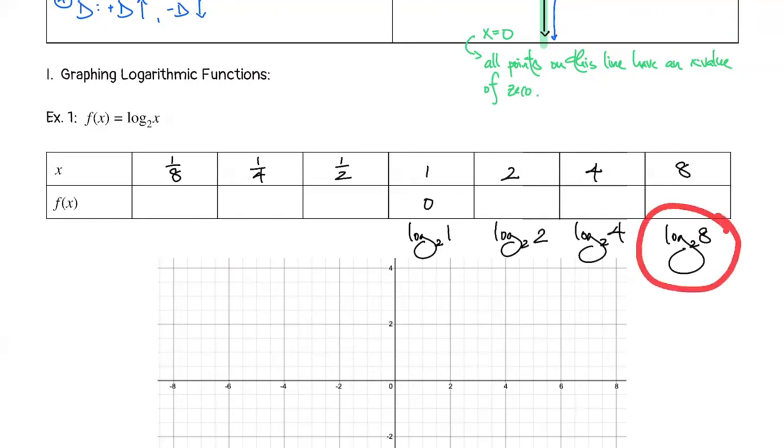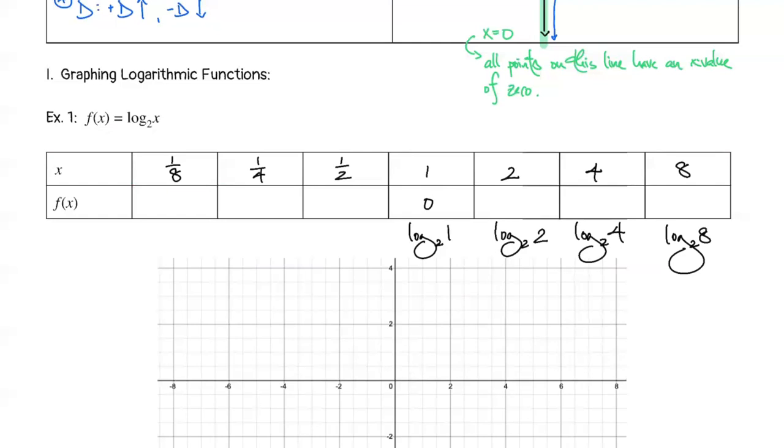This question, log base 2 of 8, what is that really asking me? 2 to the power of what is equal to 8? Exactly. Log base 2 of 8 is really asking us 2 to what power equals 8.